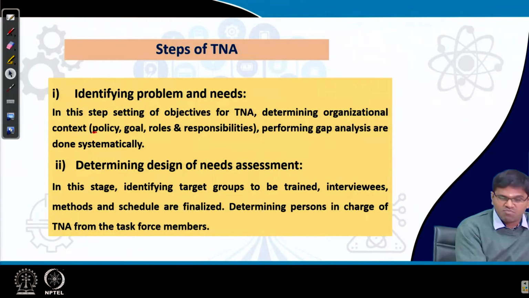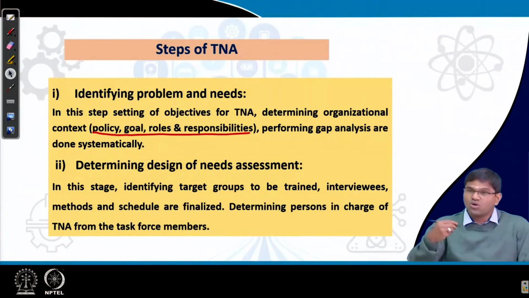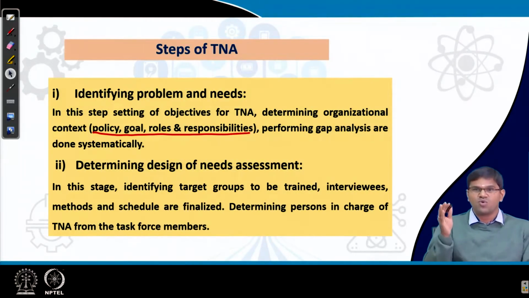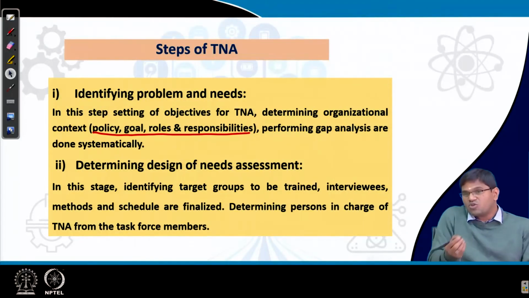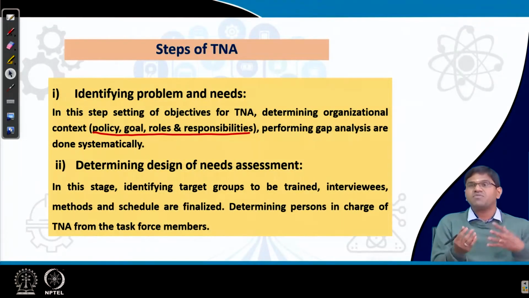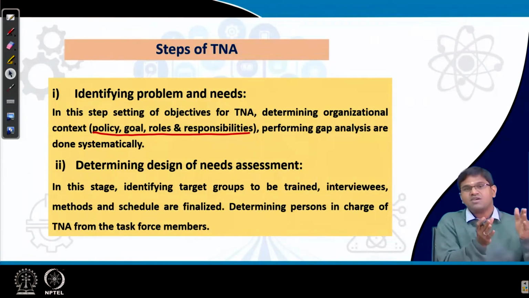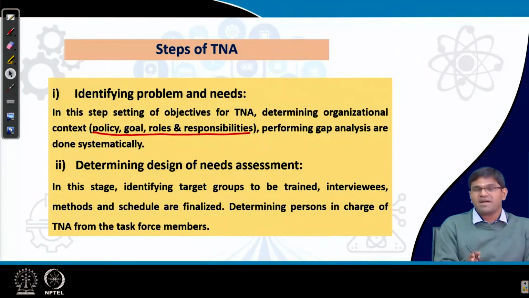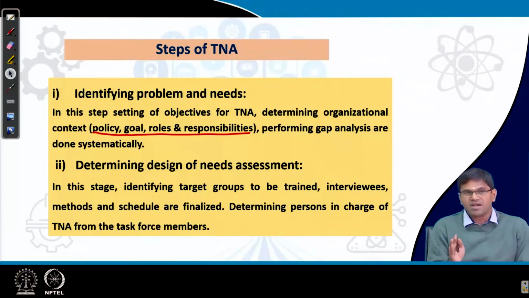We will look at the policy level, goals, roles and responsibilities, because in these levels we need to understand what analysis we are going to do for the training need assessment, and performing gap analysis, which is to be done systematically, because we are aiming at looking at the gap analysis. For that we need to understand the current performance. We will have to look at 3 different levels: organization level, individual level, and organizational occupational level, so that we will be able to better do the performance gap analysis systematically.